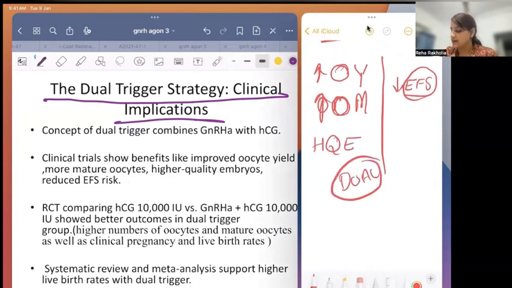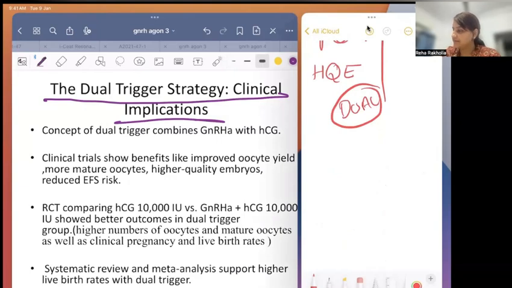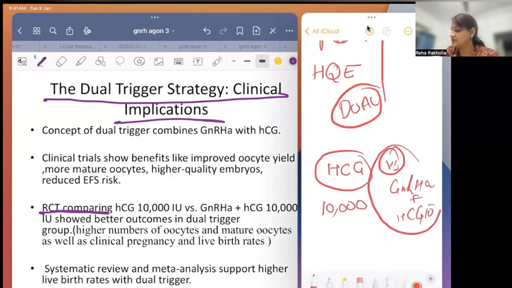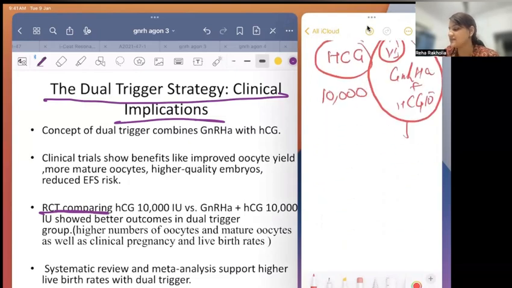Now doses. HCG was compared in one study, in an RCT, between HCG 10,000 and GnRH agonist plus HCG 10,000, and it was found that GnRH agonist plus HCG 10,000 was better, meaning dual trigger was better.